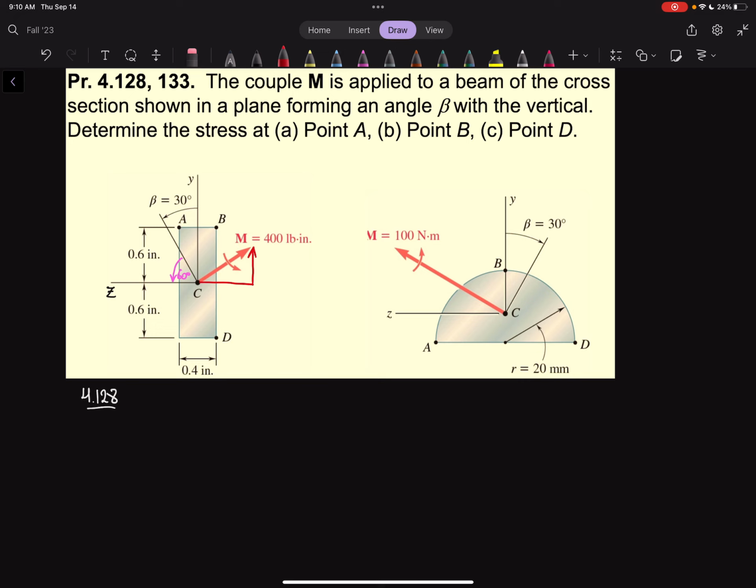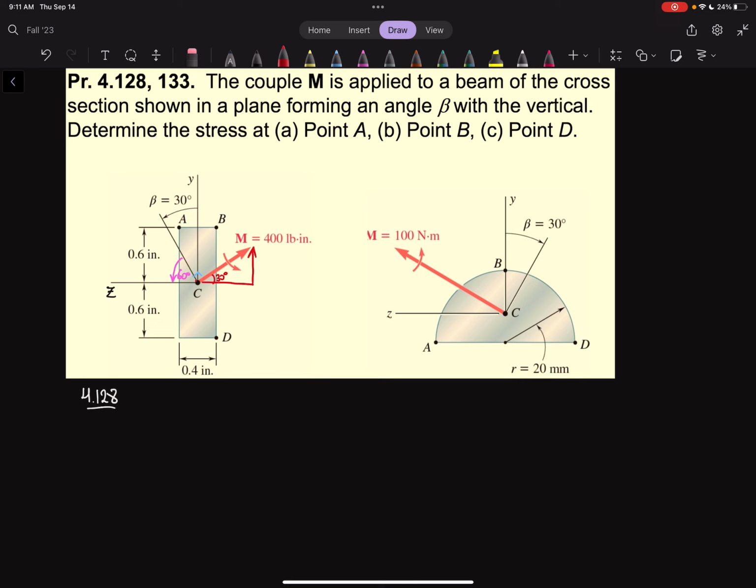If we extend these, that doesn't help us. However, we can notice that this is perpendicular right here, so this is also 30 degrees. And look, the z is positive on the left, so keep that in mind.